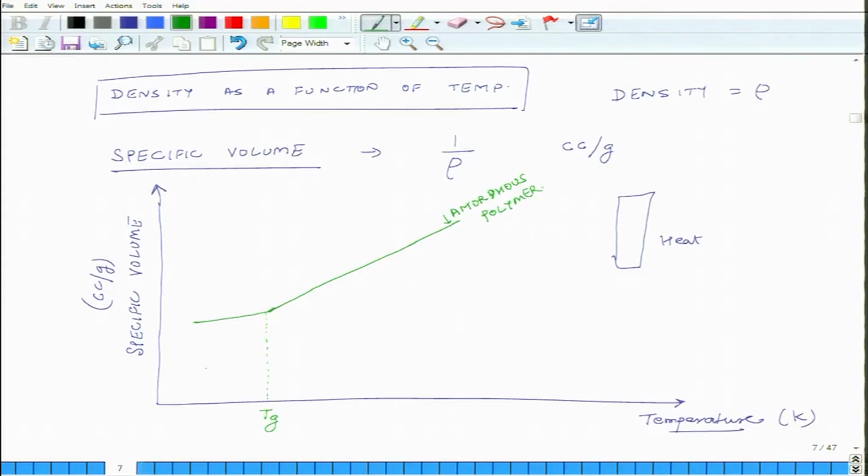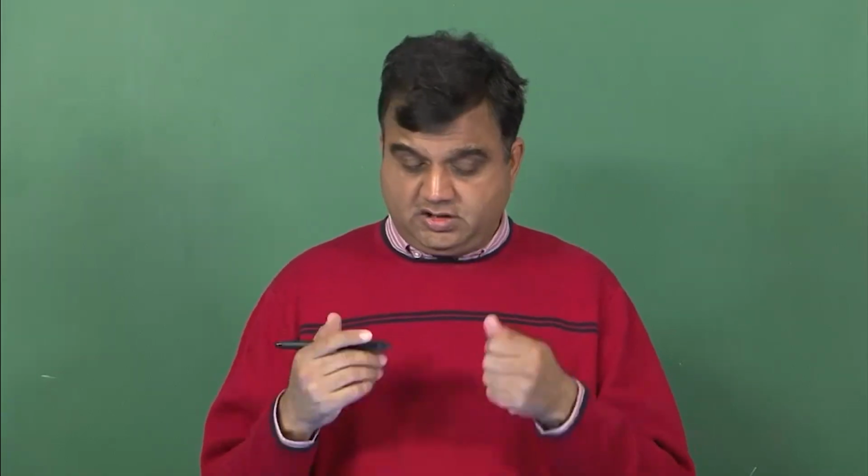Now, in the case of semi-crystalline materials, what happens? They are much more well organized and the crystal structures are more stable, so they can take a lot of heat.